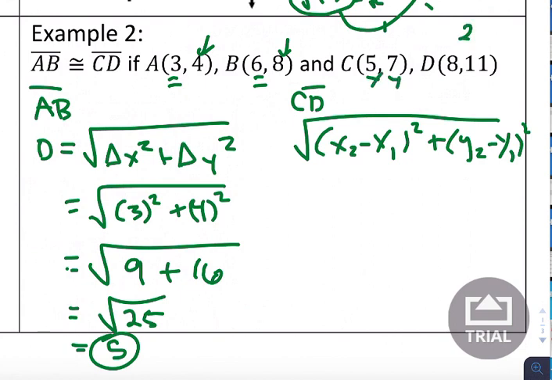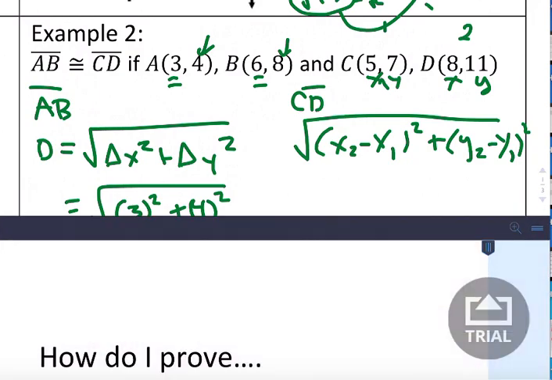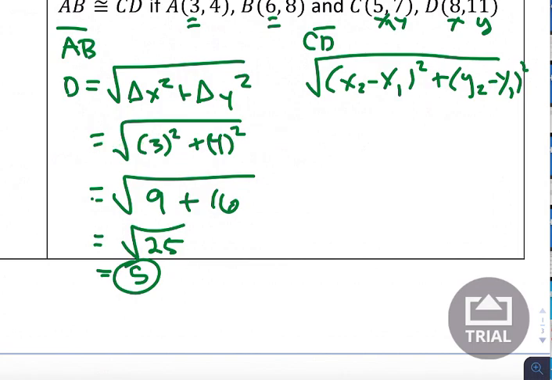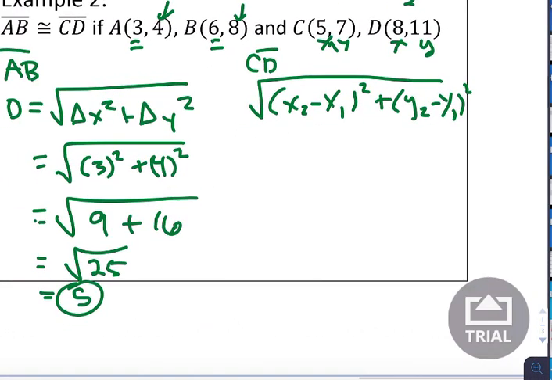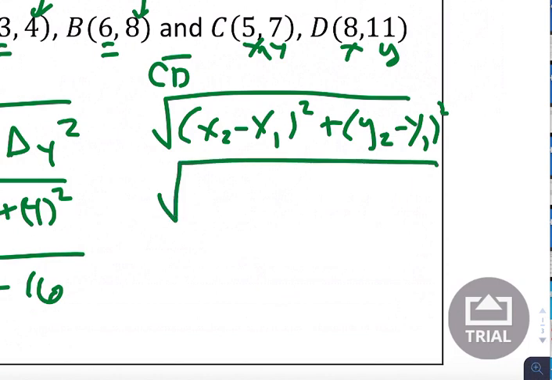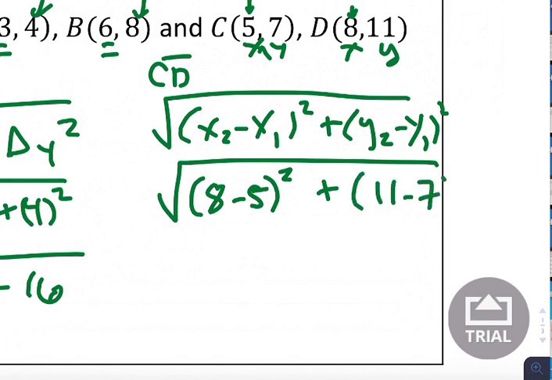Remember x, y, x, y. Okay, so x2 minus x1, and so that's going to be 8 minus 5, because again, we have the x2 point and then the x1 point. That's going to be squared. And the y2 minus y1, that'll be 11 minus 7 squared.